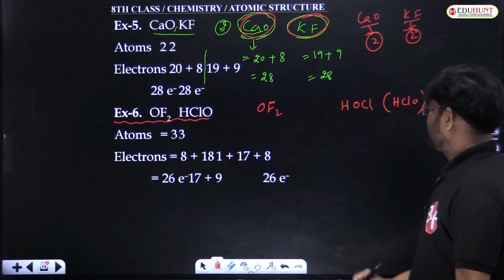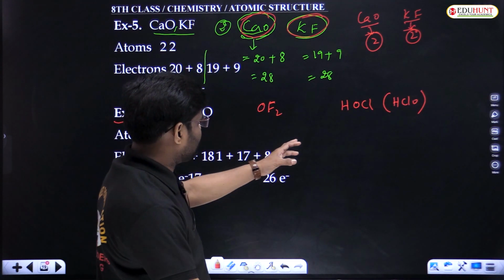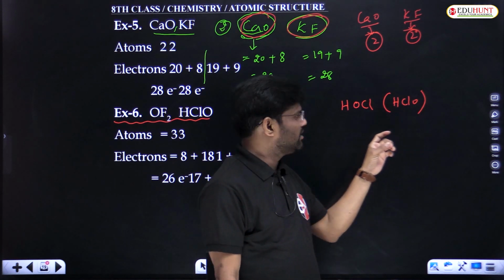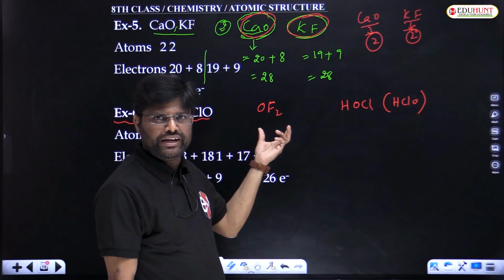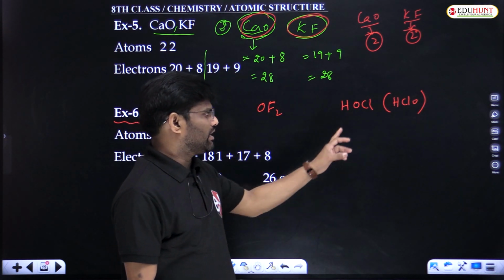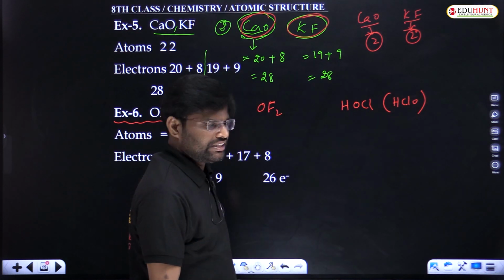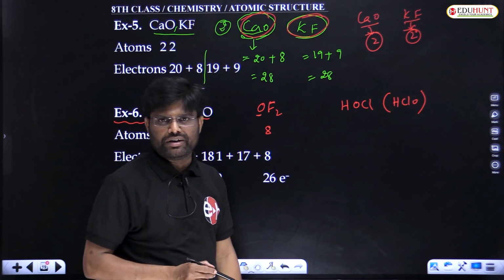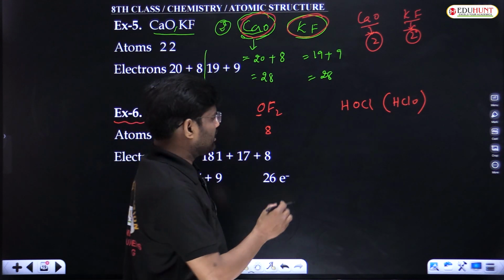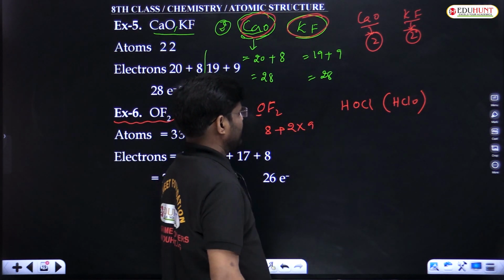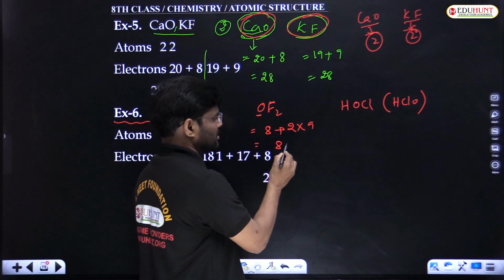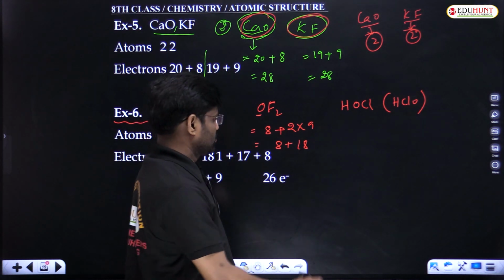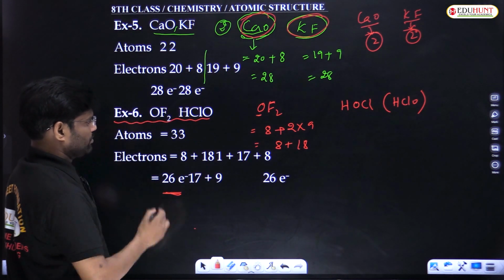How many atoms are there in each? 3 atoms in each. Now the electrons: oxygen atomic number 8 and fluorine atomic number 9, with 2 fluorines, 2 into 9, so 8 plus 18, 26 electrons.